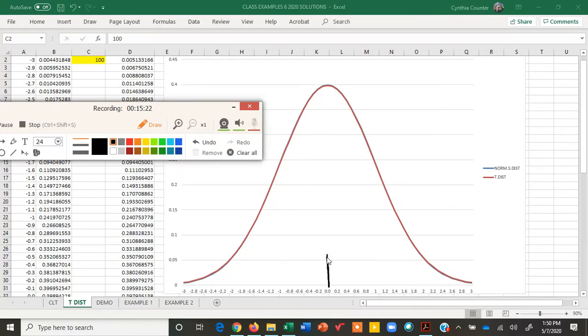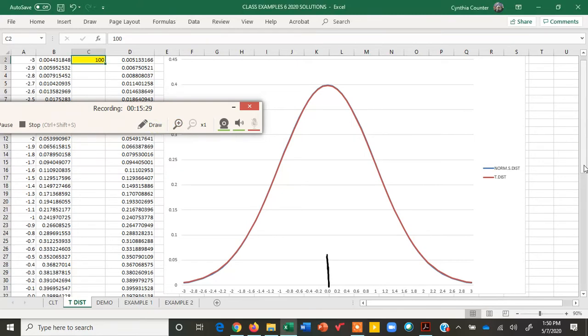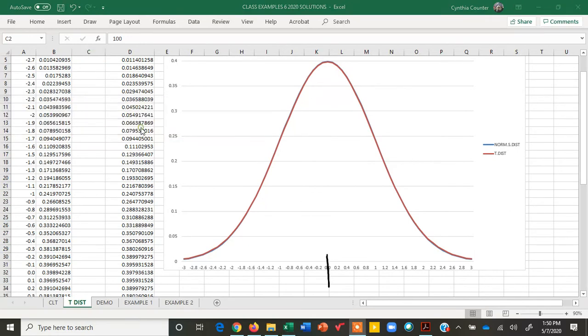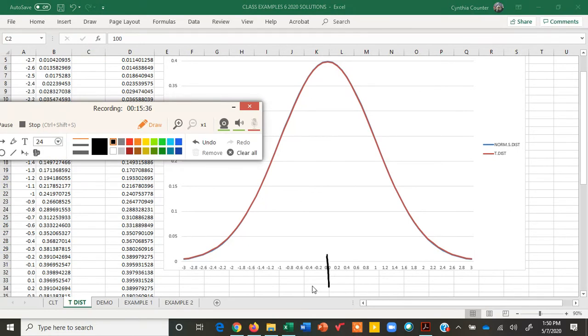In the middle here is the population mean value. So I will write mean here. It's the population mean. So I write it in uppercase because that's how I'm denoting my population mean. Also called mu, the Greek letter mu. I usually just write it out when I'm working with Excel.